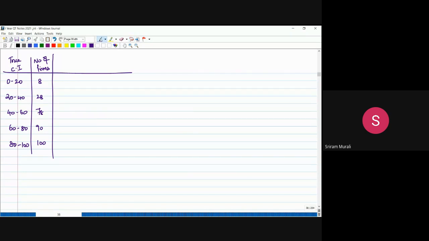What is the formula for Bowley's coefficient? Q3 minus Q1 minus 2 times of median, Q3 plus Q1 minus 2 times of median by Q3 minus Q1.